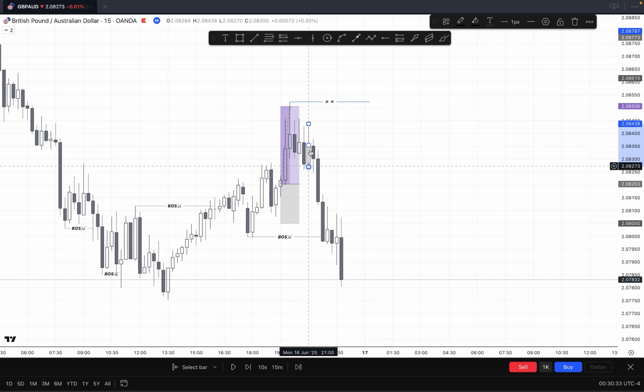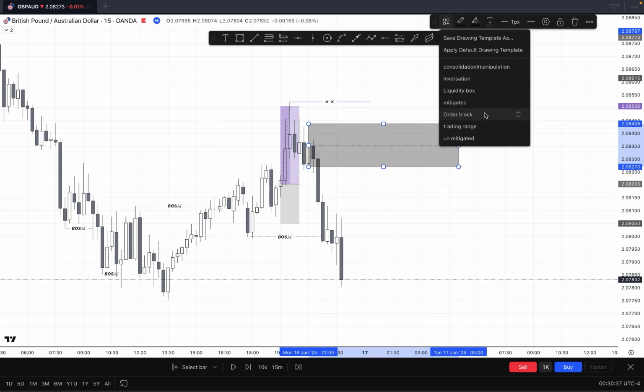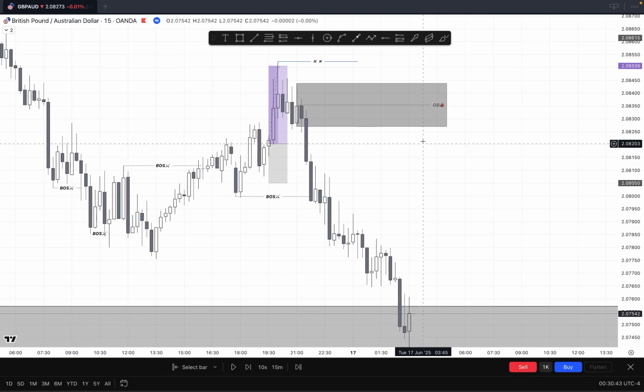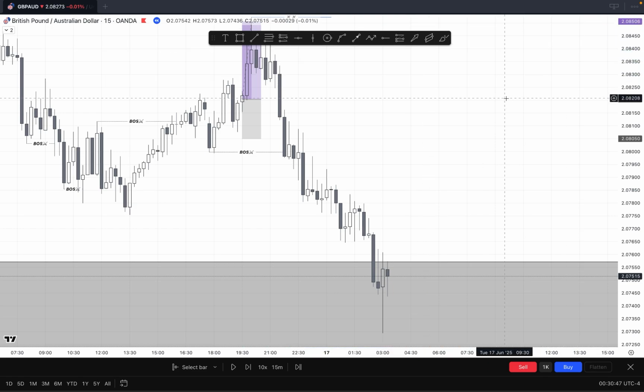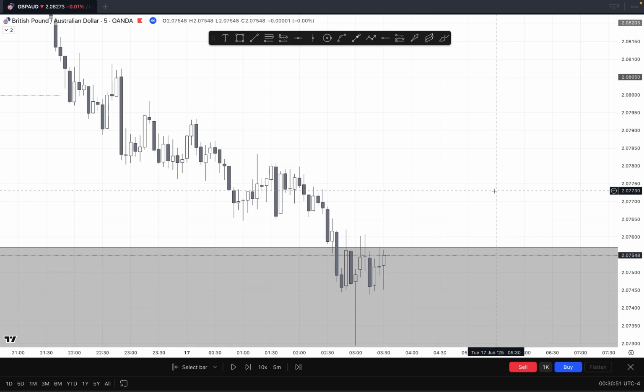Order block here. Looking to get a retracement that would push it more to the downside. Oh, well, that didn't happen. It's fine. Jump down to the 5 minute. Get a break over here.